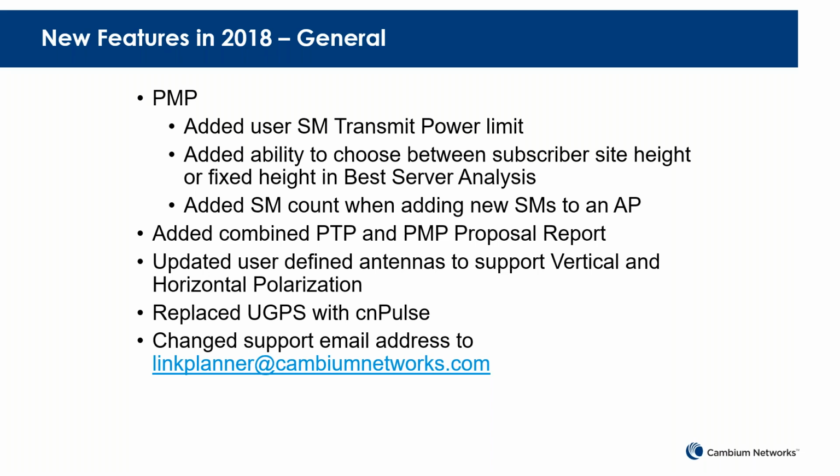And then an additional feature we added for point-to-multipoint was when you're adding new subscriber modules to an access point, we added this subscriber module count. Access points can only support a certain number of subscriber modules. You know, that number is not infinite.